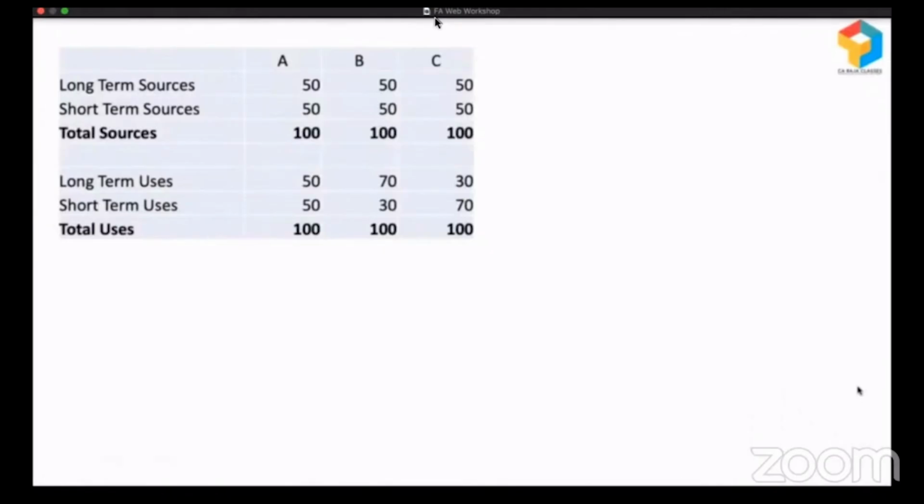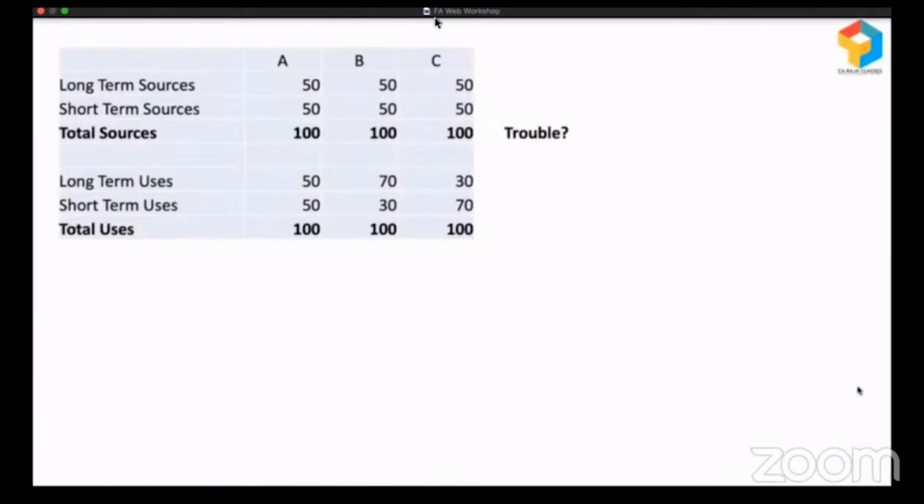I want you to digest this information. Spend some time and then identify which company is in trouble here. Is it company A or company B or company C?